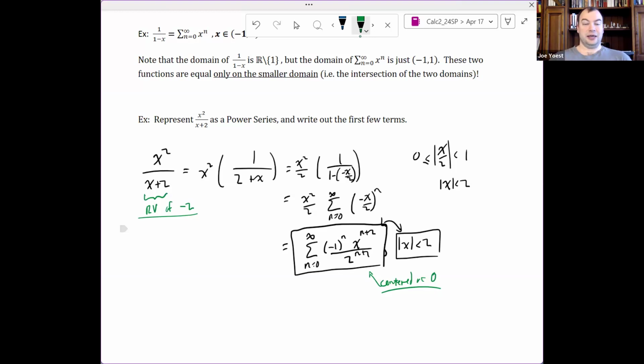And I know my interval of convergence has to be symmetric from a theorem from last time. This is like the best that I could have hoped for, right? To converge on open -2 to +2. I suppose maybe I could have hoped that I would also converge at +2, but this is just about the best that I could have hoped for, converging right up to that restricted value.